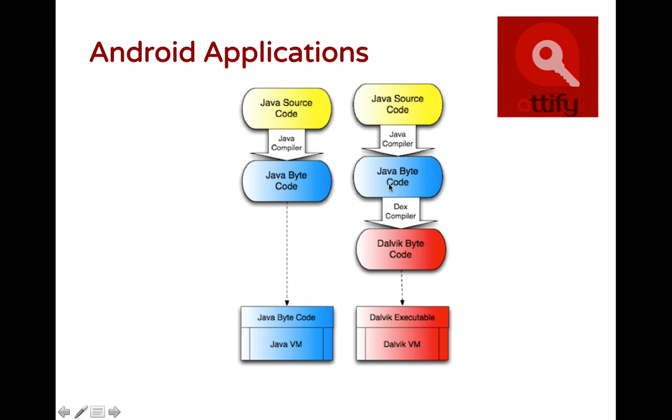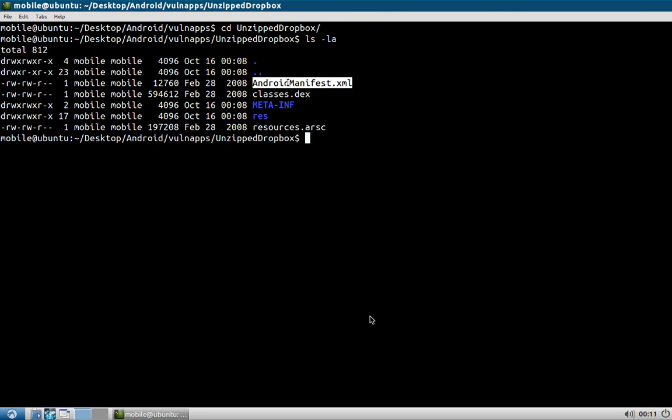Once the Java bytecode is created, there is another compiler called the Dex compiler, which converts the Java bytecode to Dalvik bytecode. This Dalvik bytecode gets executed inside the Dalvik VM, and this is the Dex or Dalvik executable file, which you have already seen over here, the classes.dex file.